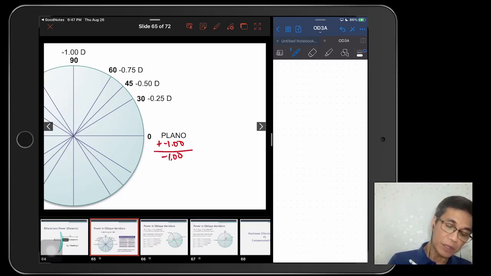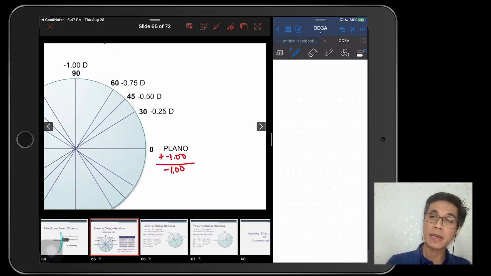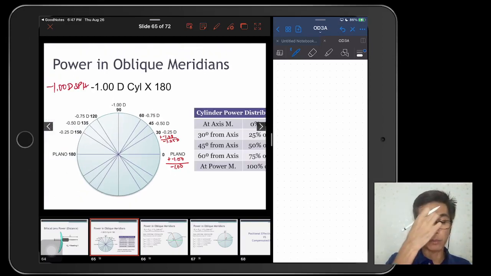Eh dito naman, yung 30th meridian ko, tumatanggap yan ng minus 0.25 from the cylinder component. So, dagdagan ko yan ng minus 1, minus 1.25 diopter ang total power na meron ngayon ang 30th meridian.